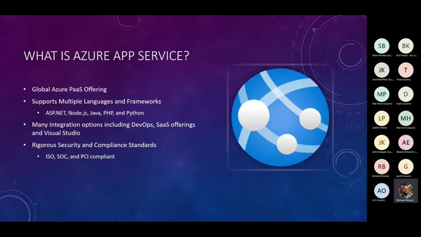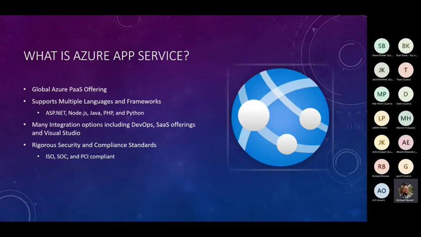This allows you to go in and really customize and interact with other offerings that you have, as well as other applications. There are a number of SDKs available for interacting with Azure App Services, as well as an API and command line interface.